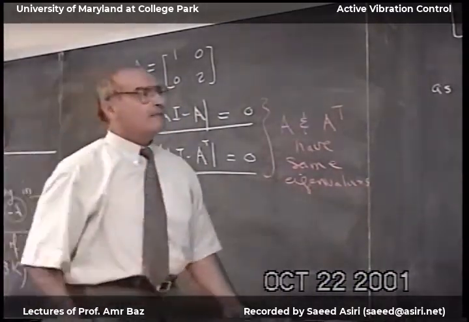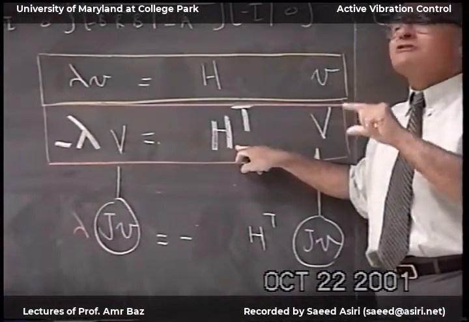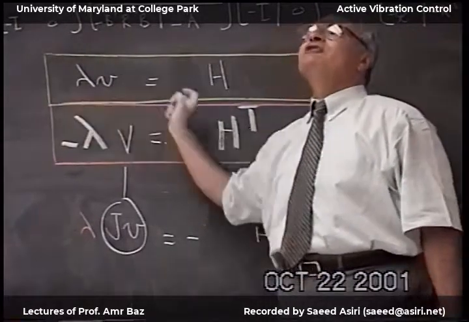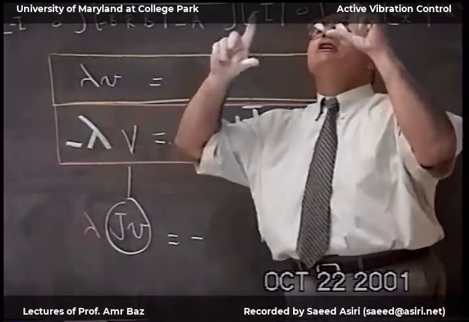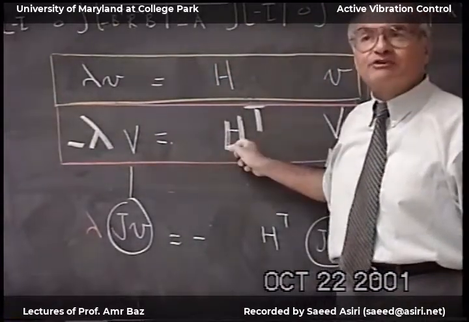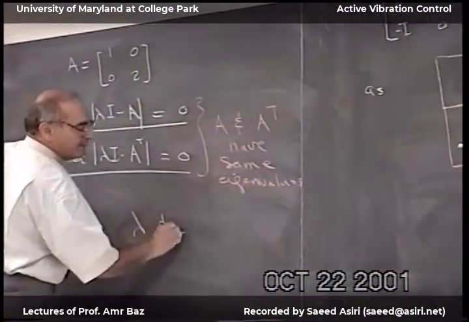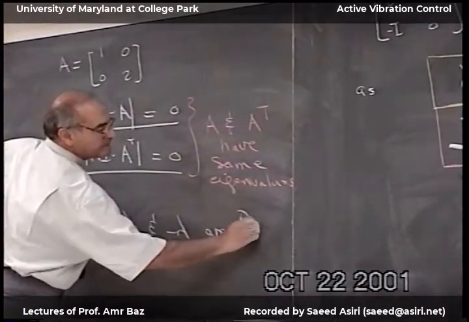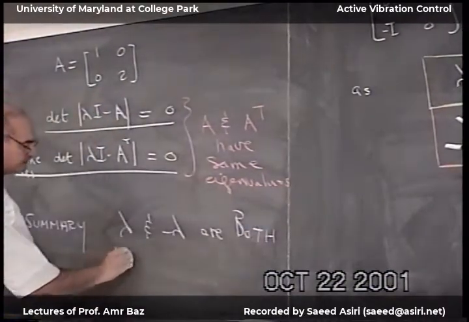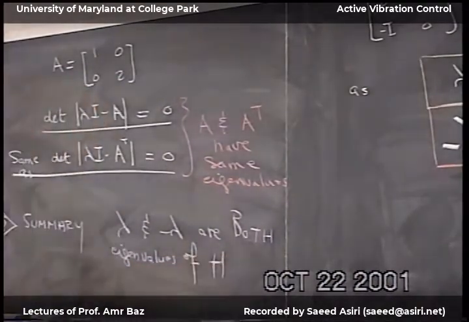So now here, H and H transpose have the same eigenvalues. H has eigenvalue lambda, H transpose has eigenvalue minus lambda, then lambda and minus lambda are eigenvalues of H and H transpose. And here the conclusion of all this, lambda and minus lambda are both eigenvalues of H.